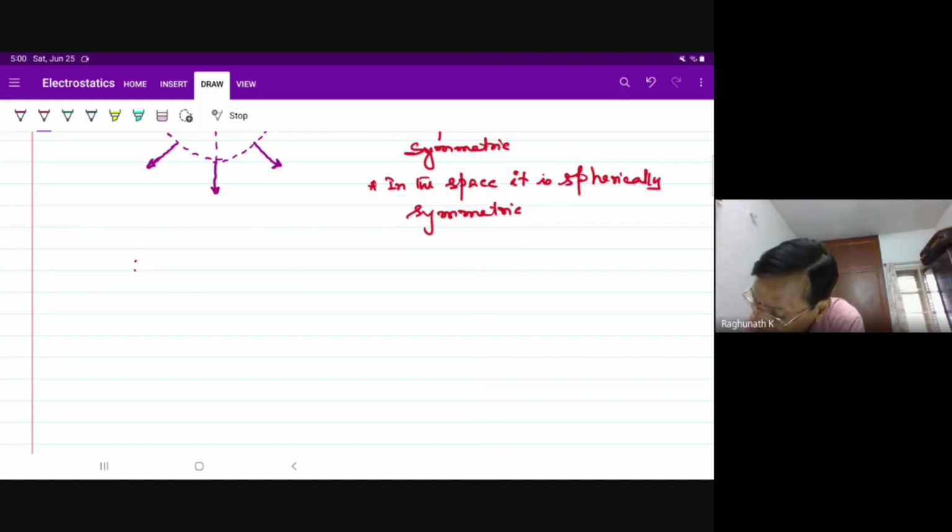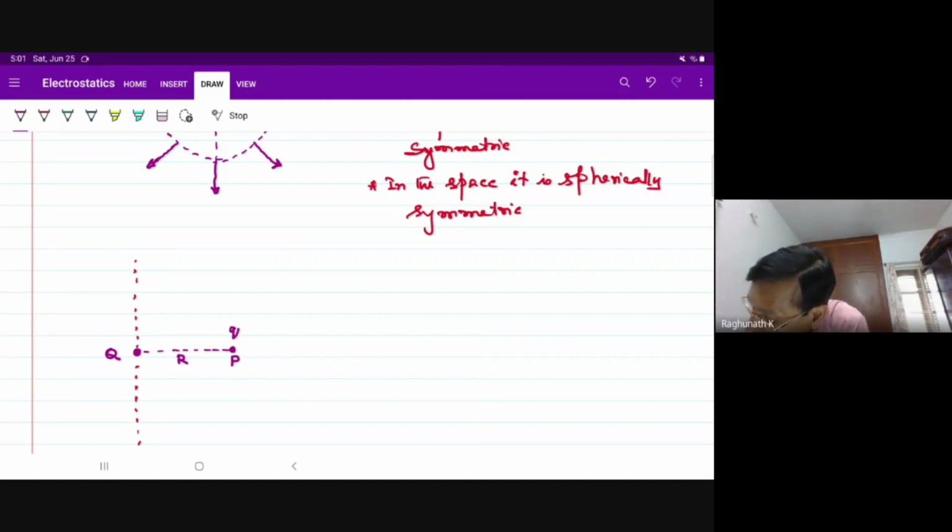I will consider a straight line. Keep a charge Q. Consider a point at a distance R. The point is fixed.